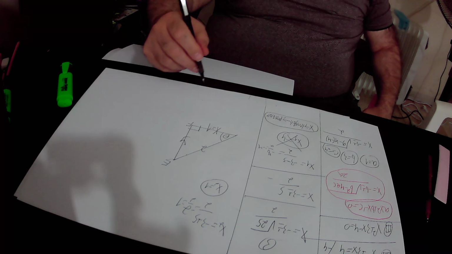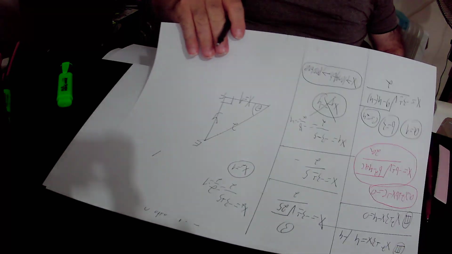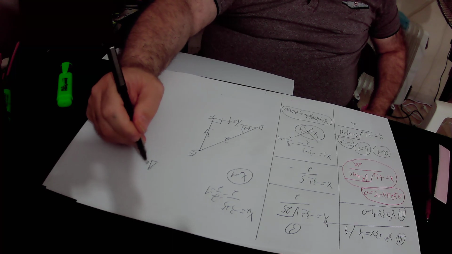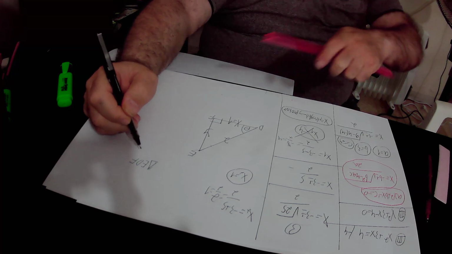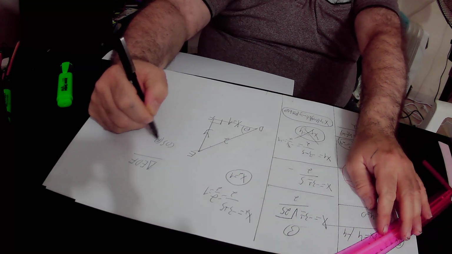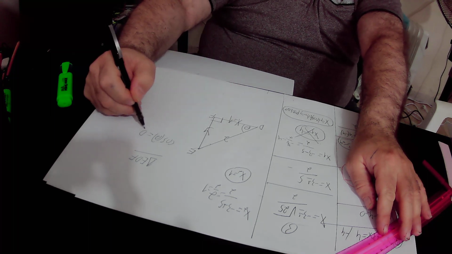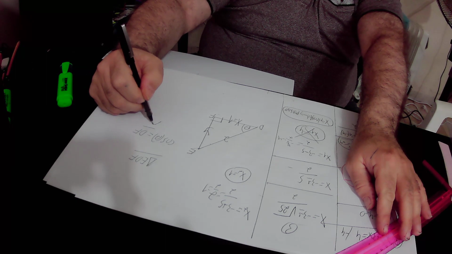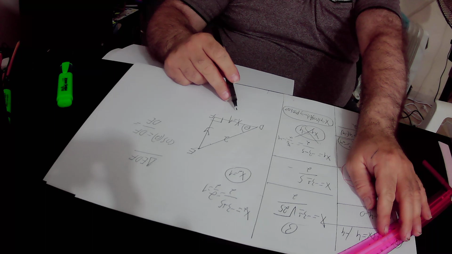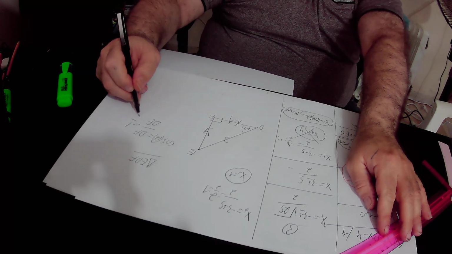So here, cosine theta in the right triangle EDF equals DF over DE. Here DF is equal to x, that is equal to 1. DE equals 2, according to what is given in the question.